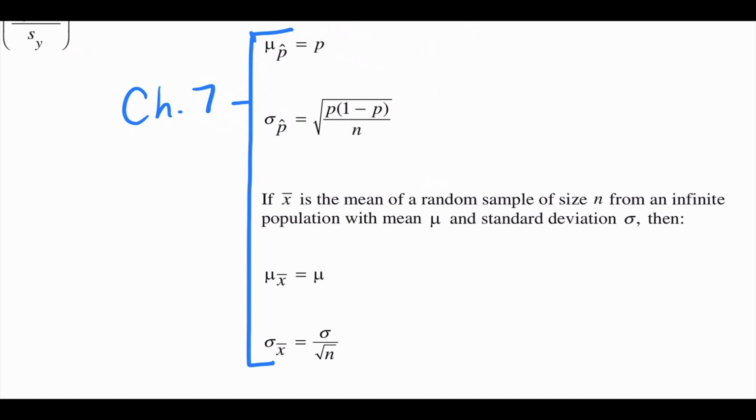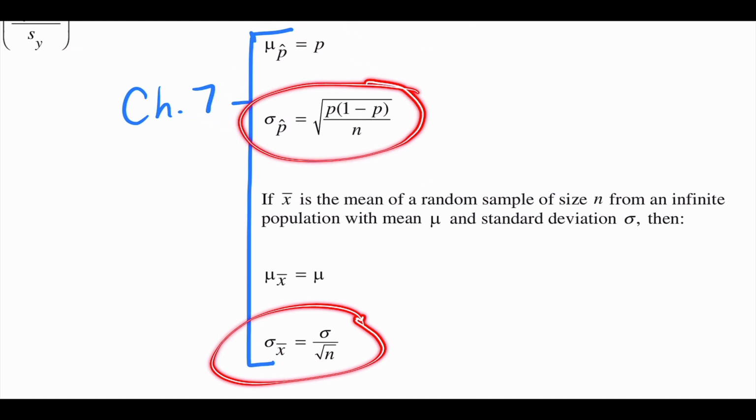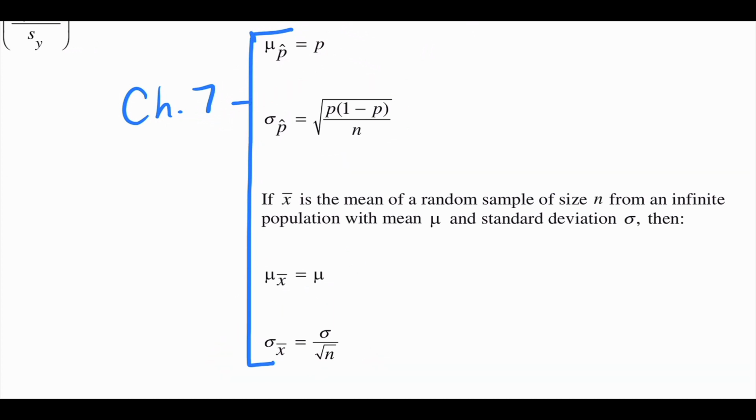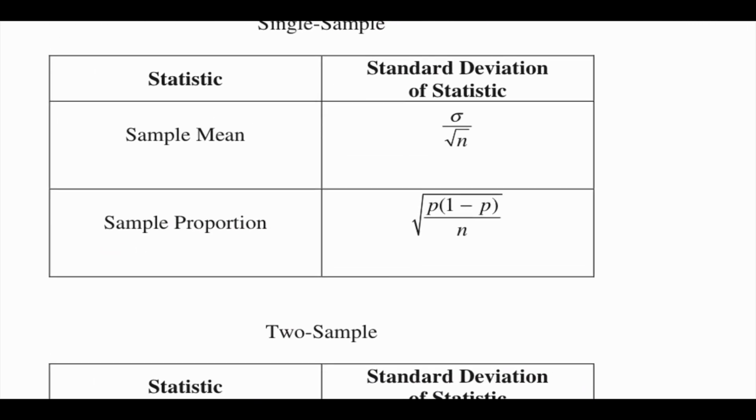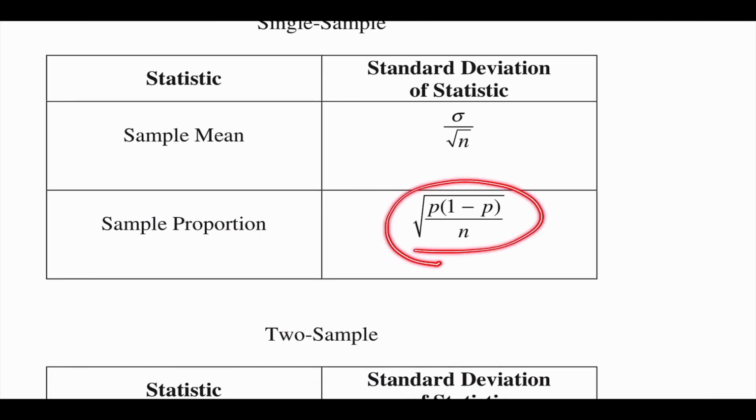Center, center. One's for mean, one's for proportions. Spread, spread. Right? Those are on there so you don't have to memorize them. They are also on the back. Right there. There's for proportions, there's for means. Okay?